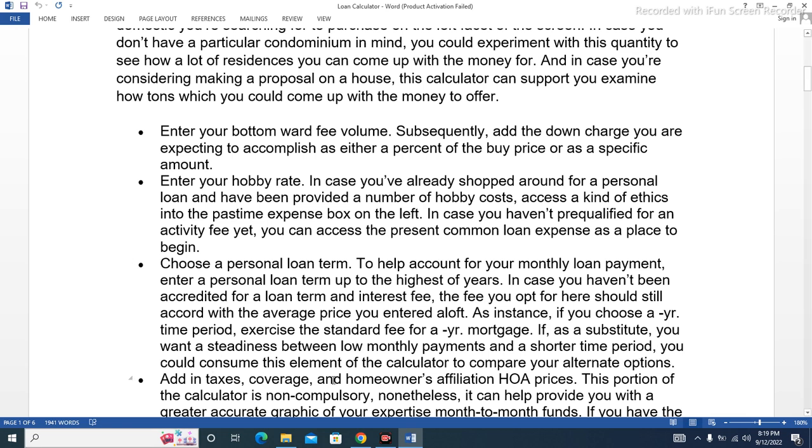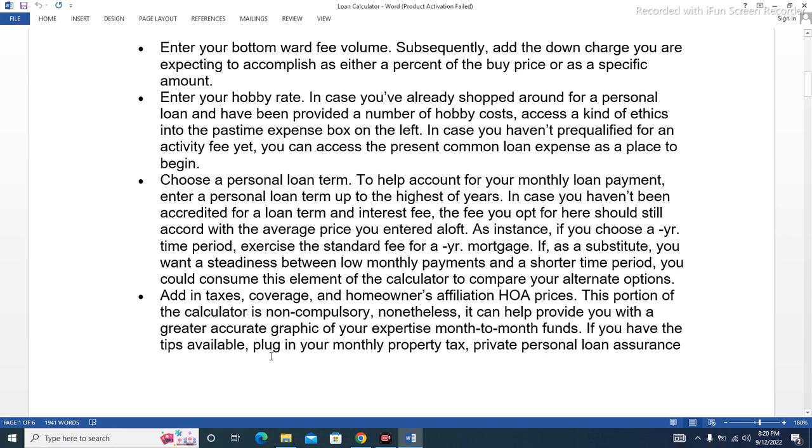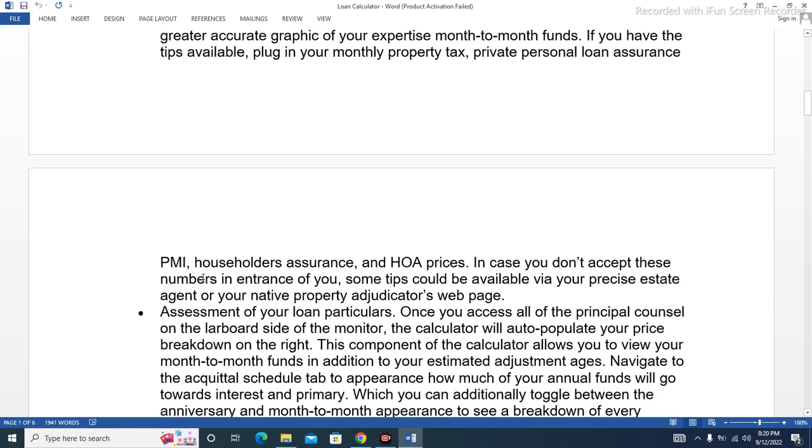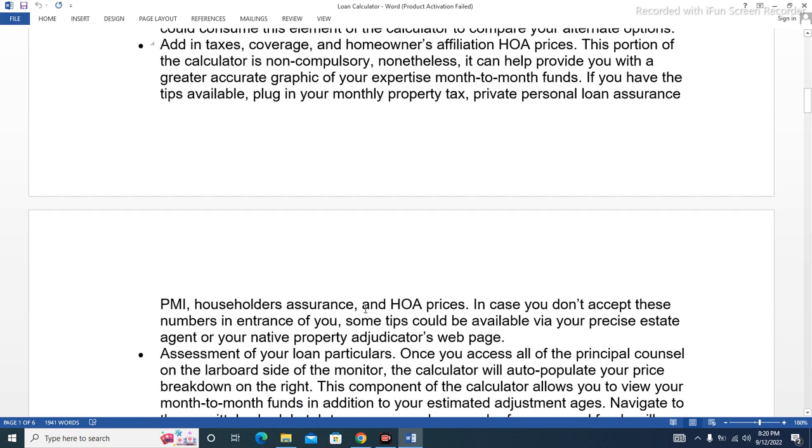Add taxes, insurance and any associated HOA fees. This portion of the calculator is optional. Nonetheless, it can help give you a more accurate picture of your potential monthly payments. If you have the information available, plug in your monthly property tax, private mortgage insurance, PMI, homeowners insurance, and HOA fees.